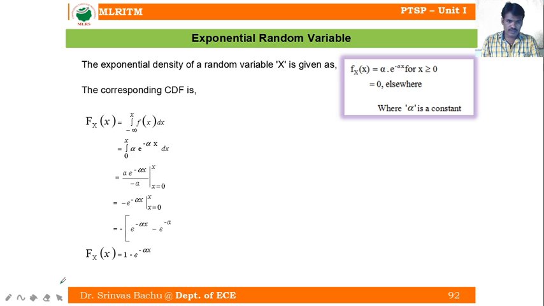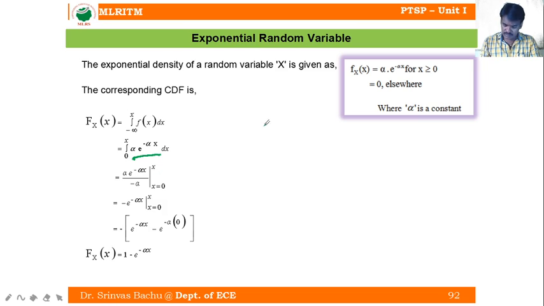CDF equals the integral from minus infinity to x of fx of x, and my fx of x value is alpha into e power minus alpha x.